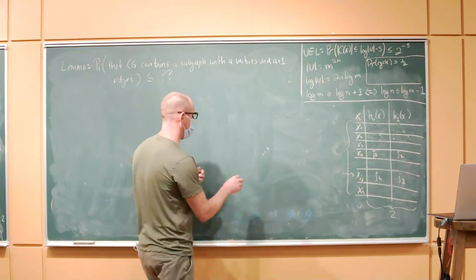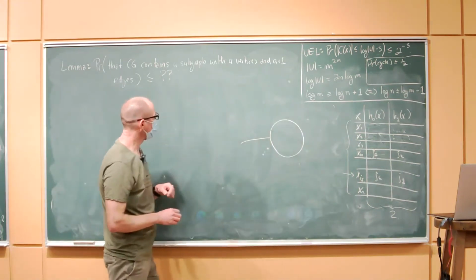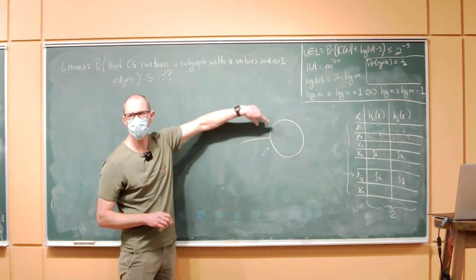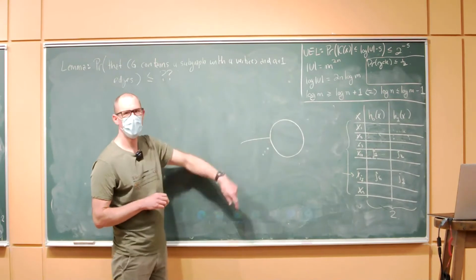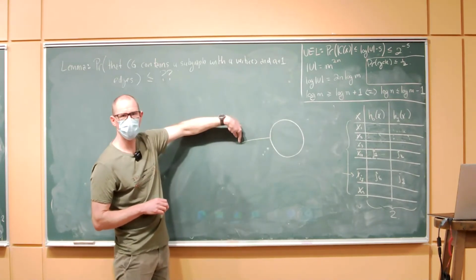And those are graphs that look like lollipops, possibly without the tail. So a cycle has the same number of vertices and edges. That's what we were just studying. But another kind of subgraph like that is a cycle with a little tail on it.